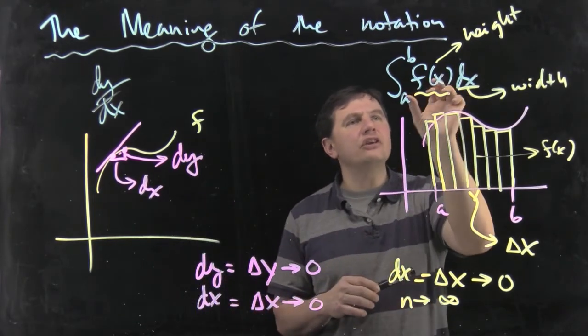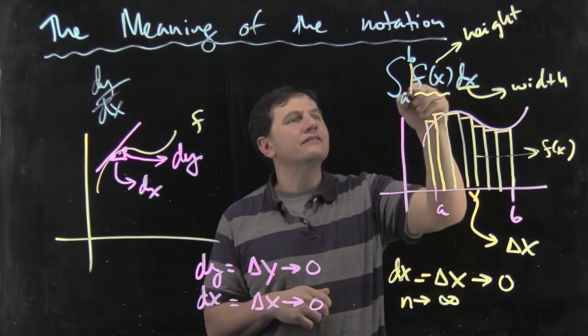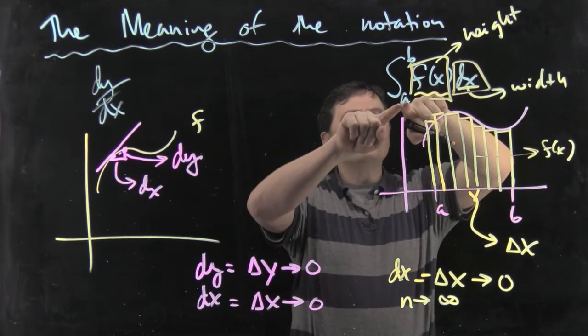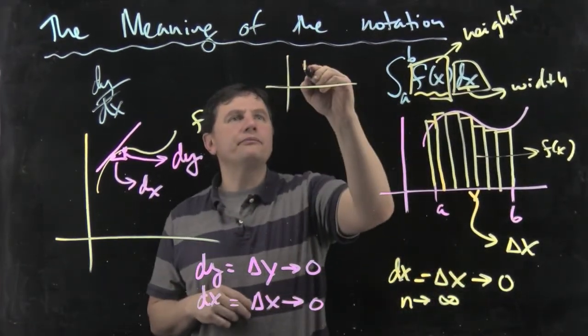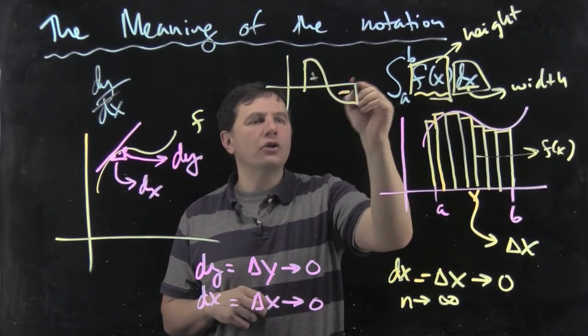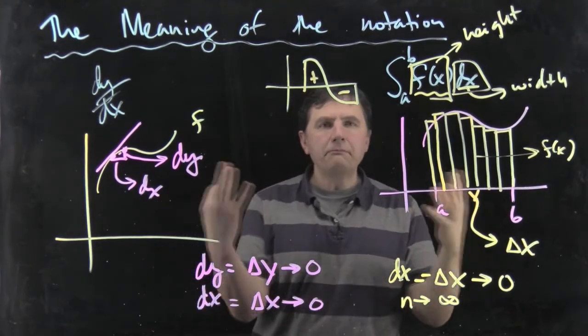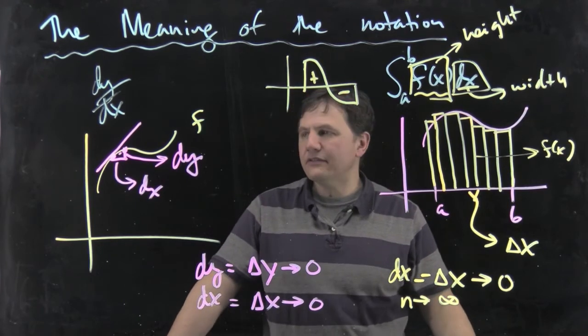So when I look at this notation, don't forget that f of x is the height, the width is dx, we start at a and we finish at b. If the area is above, we're going to add that. The area below, we're going to subtract. That's where that notation comes from, and both of these are fueled by limits.